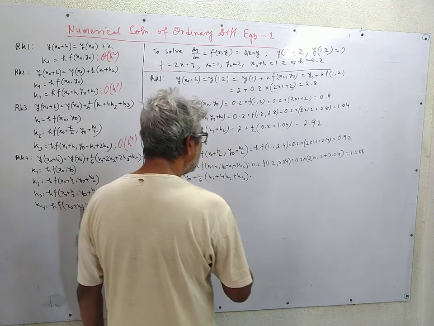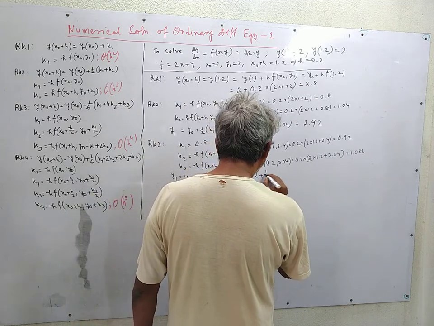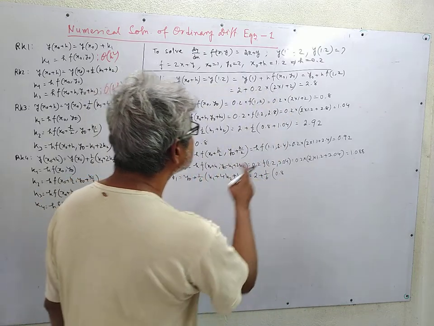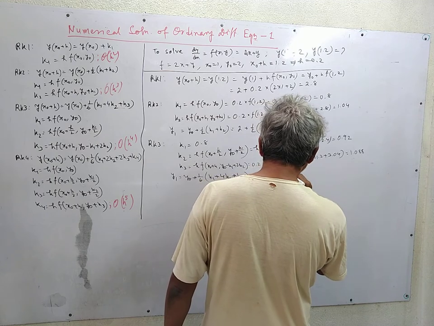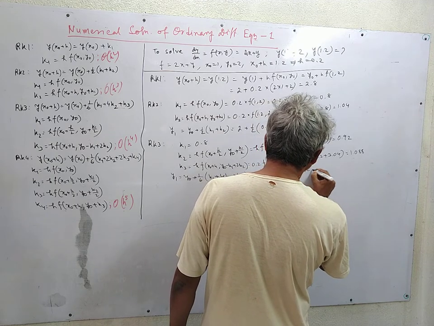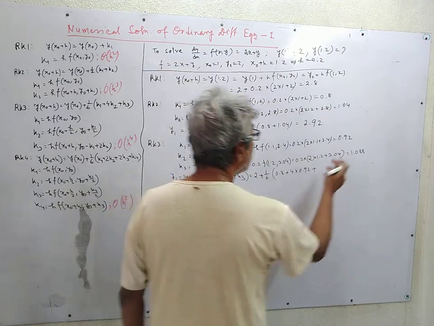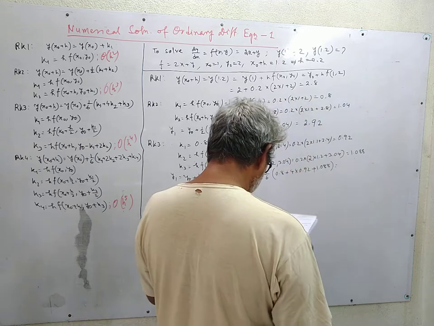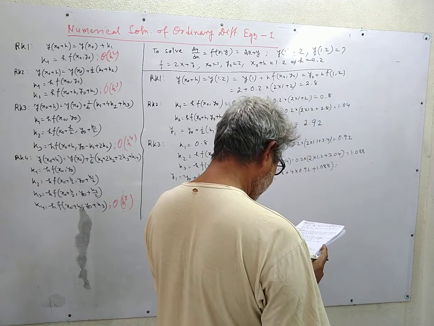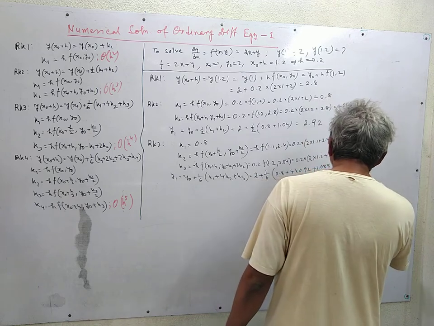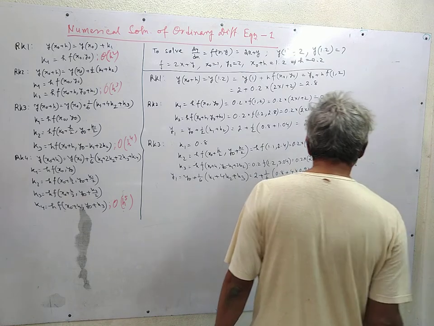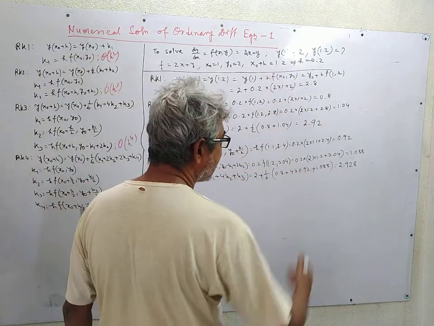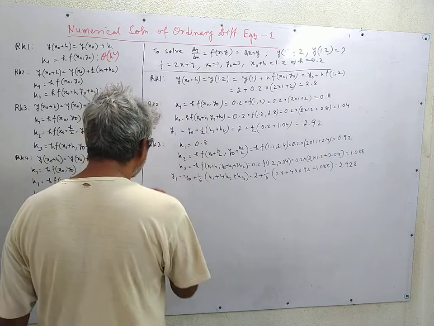This is y1 is 2 plus 1 upon 6, k1 is 0.8, 4 into k2 is 0.92, plus k3 is 1.088, and this on simplification becomes 2.928. You see that the number of decimal places increases as we increase the order of Runge-Kutta method.